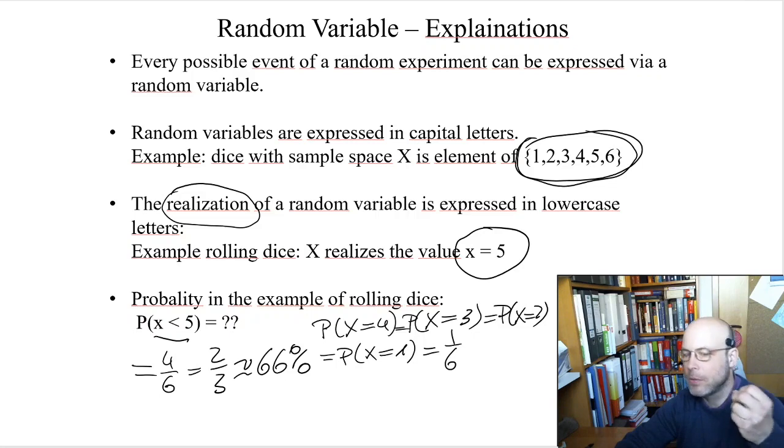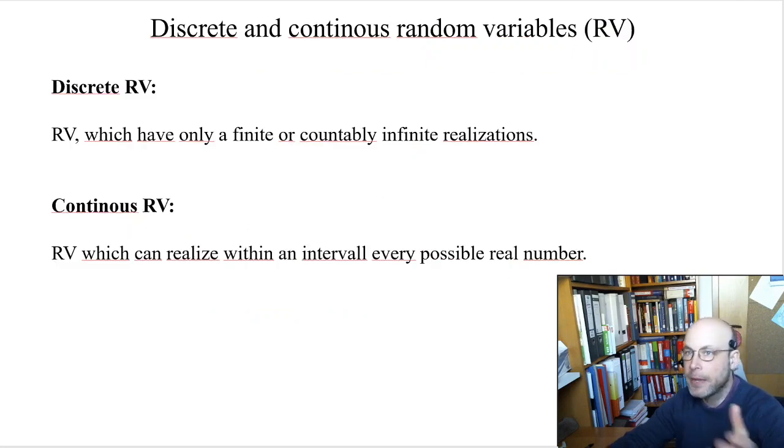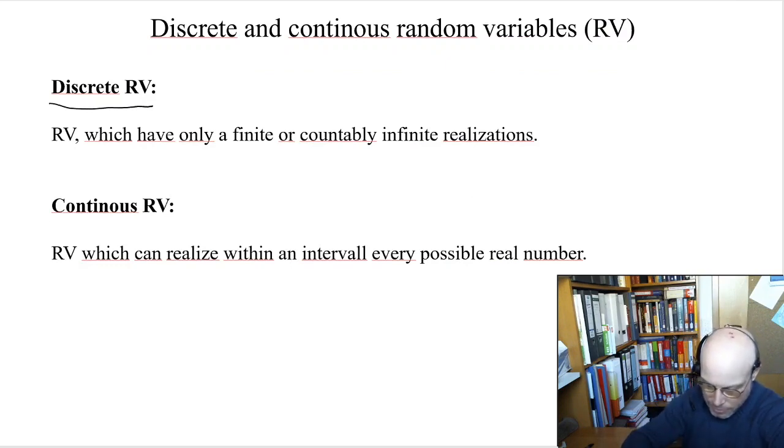And I think it is always good if we make examples and not only talk about the theoretical part of these explanations. Okay, then of course we have to distinguish between discrete random variables and continuous random variables.